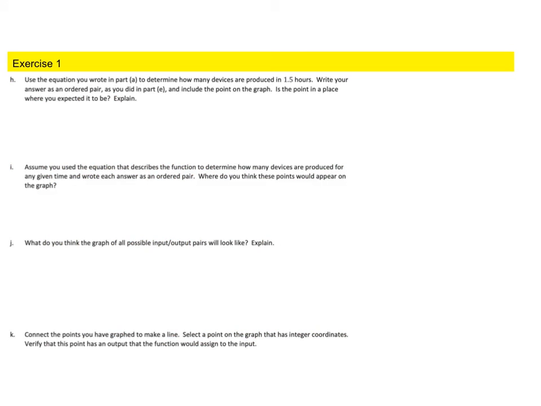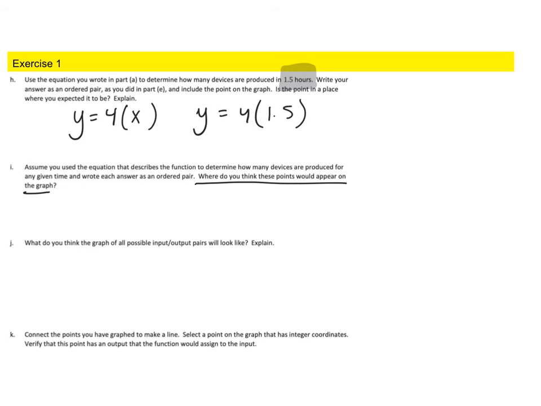All right, so what we are going to do here is for this first one, you're going to tell me how many devices are produced in 1.5 hours. So use your equation y equals 4x. Okay, and then if we were to write that answer as an ordered pair, do you think that it would fall on our line on the graph that we just made?